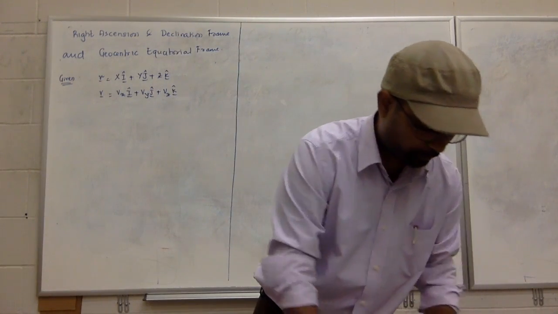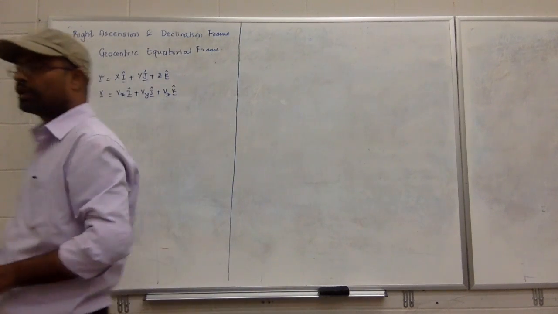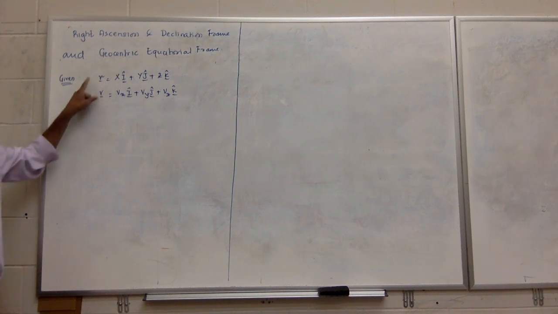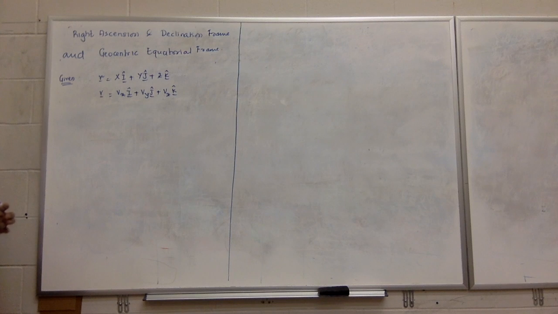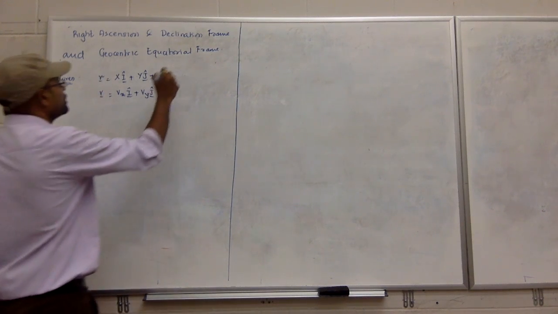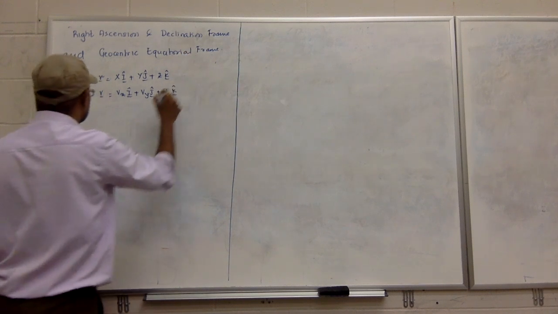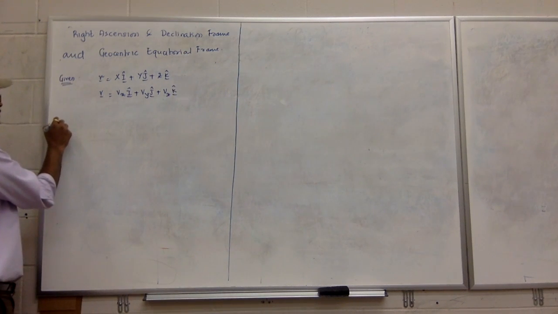Now, what frame is this in? These two, position and velocity. It's the geocentric equatorial frame. I might also refer to this as the ECI frame.